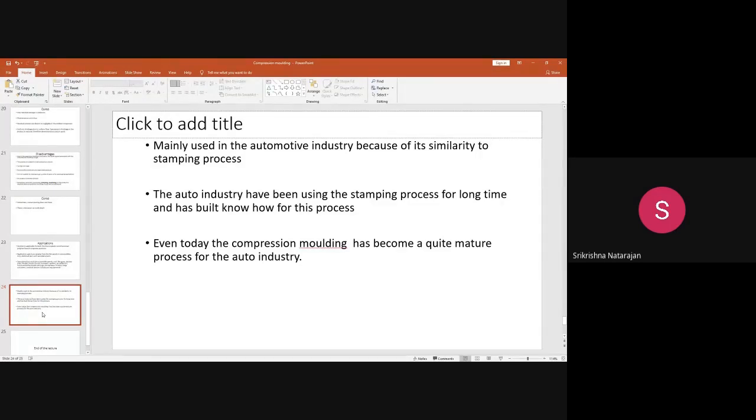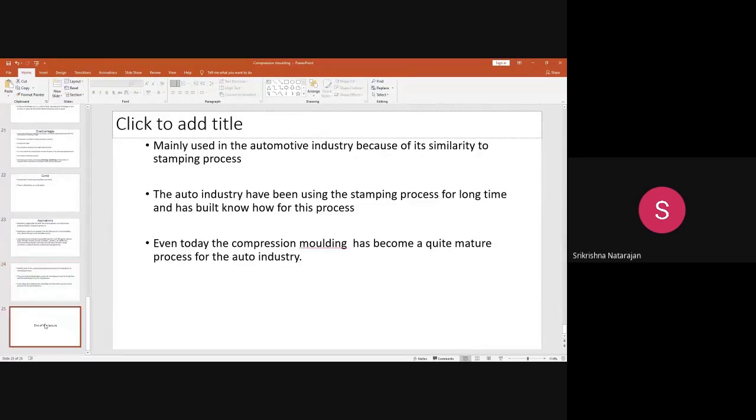So this has become a very advantageous and mature process for the automobile industry. Diverse applications are possible using compression molding. It is a highly successful commercial process.